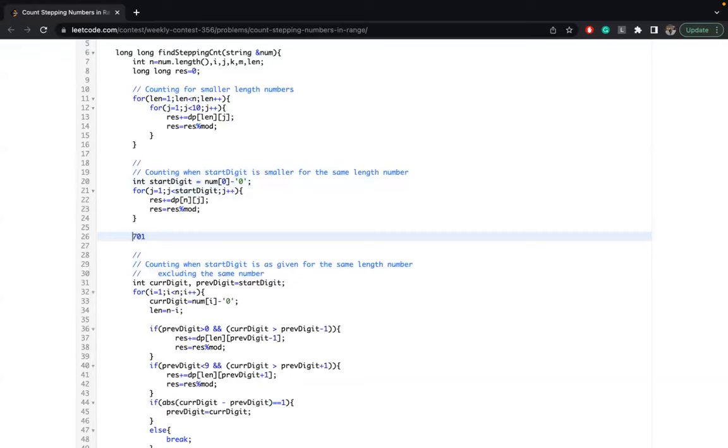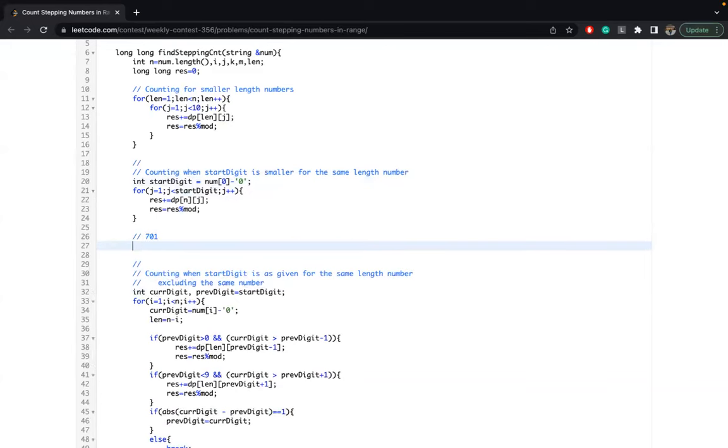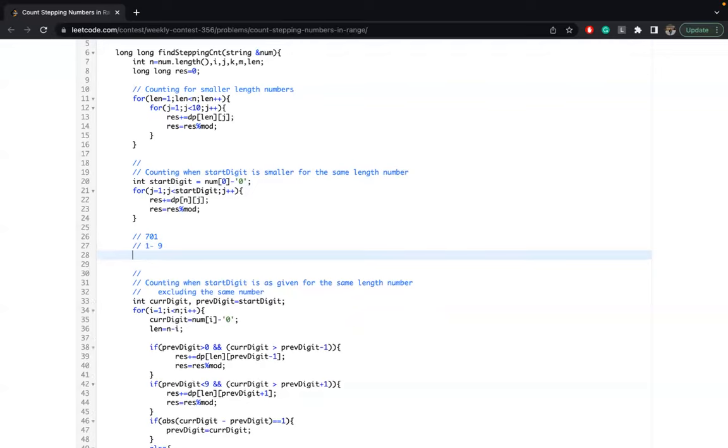Like, for example, if you have a number 701 and you have to find all the stepping numbers till 701, first you will count all the numbers with lesser digits. Here the number of digits is 3, so every stepping number with just one digit will be 9, from 1 to 9.